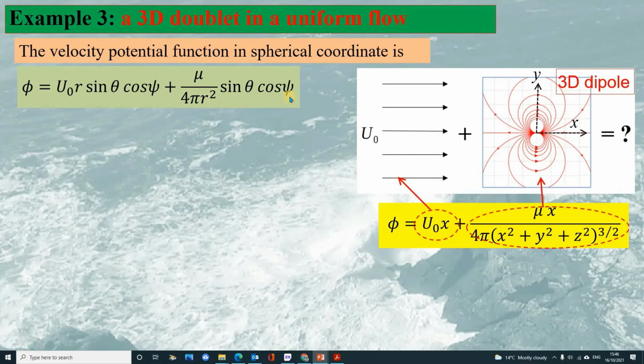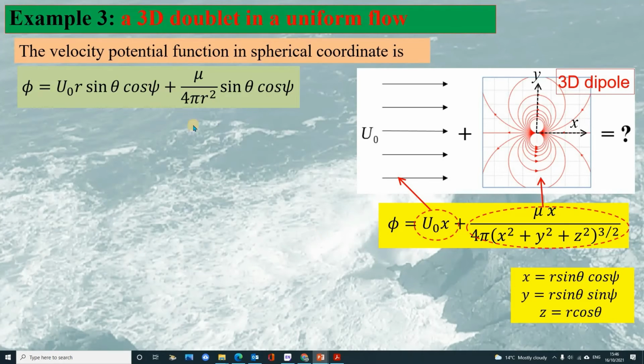Now, the velocity potential function would be better expressed in spherical coordinates, which would be given as this. Here, the transform relation between the Cartesian coordinates x, y, z and the spherical coordinates r, theta, psi is given as this, and the potential function in the spherical coordinates is given as this.